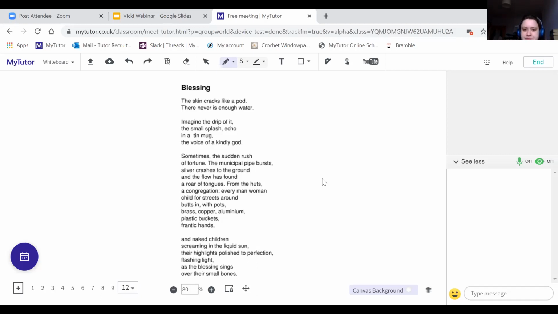Right, so yeah, it's very factual, it's very blunt and traumatic. Absolutely, it has more effect. It shows how simple the problem is, essentially. So there never is enough water. So this poem is all about a community who live in poverty and don't have enough water.